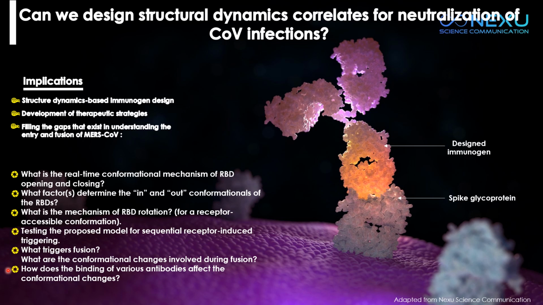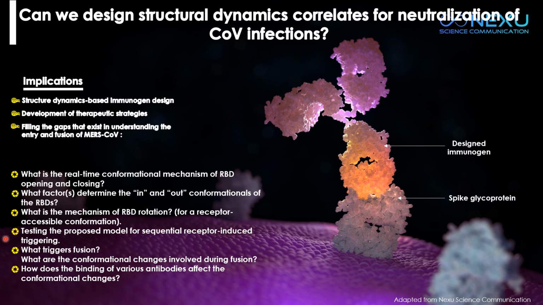And we know that the binding of different antibodies can affect the conformational changes of the RBD, but we do not know how the binding of various antibodies is affecting the conformational changes. So understanding all these conformational changes in real time, in their raw dynamic nature, is important if we wish to combat, if we wish to totally overcome CoV infections.